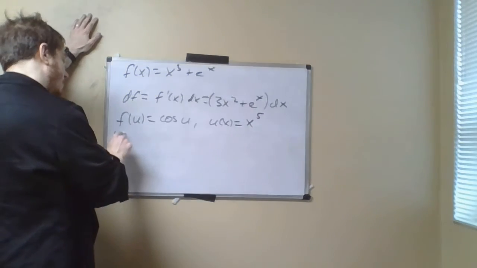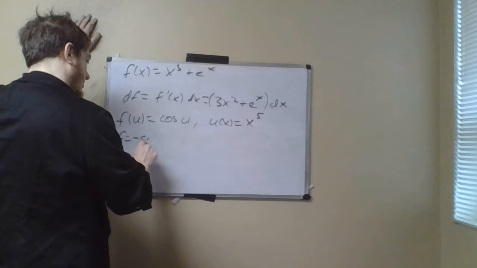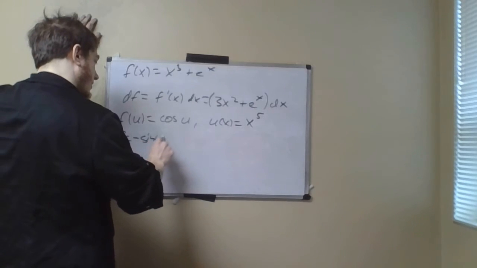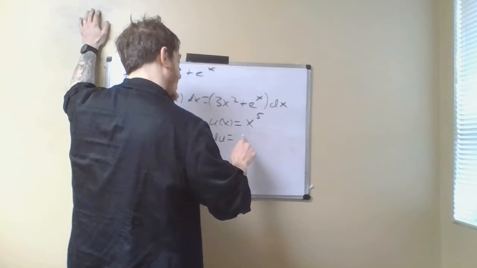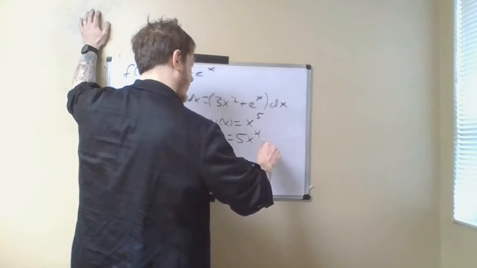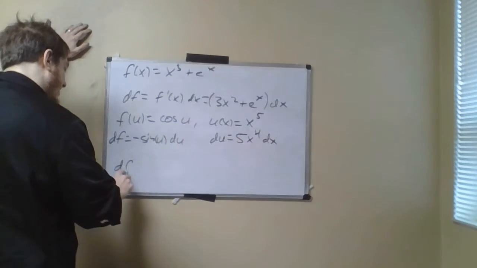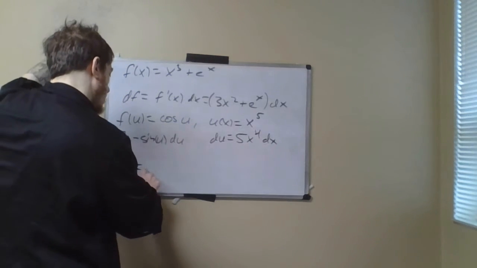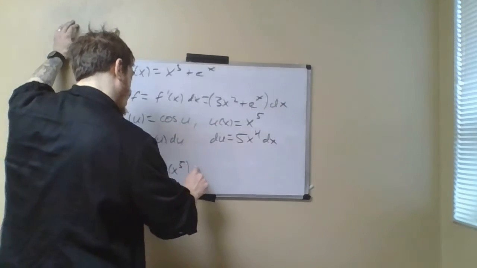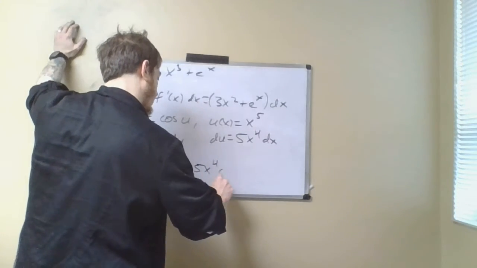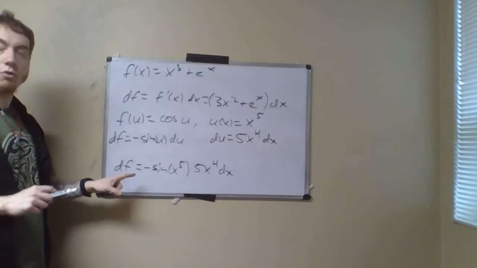Well, then I can write df is equal to minus sine u du, and then I can write du is equal to 5x to the fourth dx, and then I get for free that df is equal to negative sine x to the fifth times 5x to the fourth dx just by plugging in u and du like this.